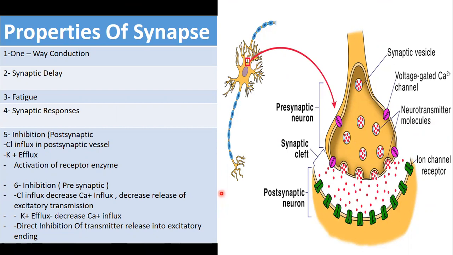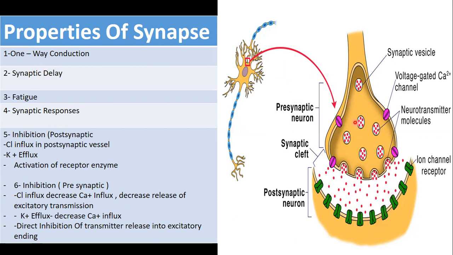Then there is the formation of the reflex arc, and another function is integration of the nerve impulse. So these three are its functions. Coming to the properties of synapses, the first property is one-way conduction. What is one-way conduction? The conduction is always in one direction and not bidirectional.